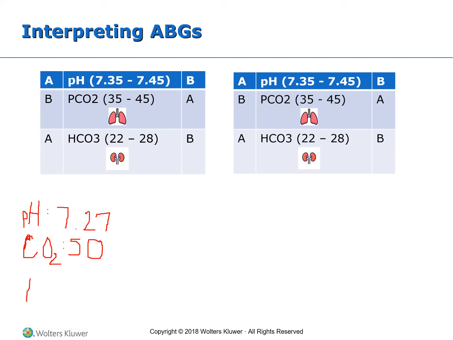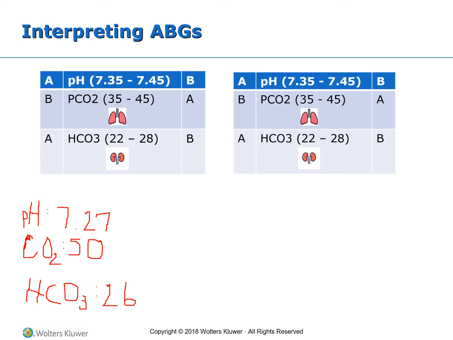And then HCO3 of 26. Okay, that looks absolutely horrible. And I will have a class whenever we do our live session on interpreting ABGs, okay?